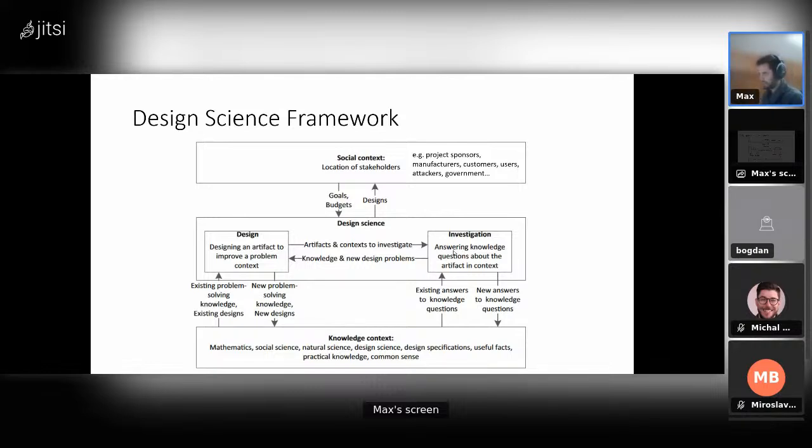And from this, we can either solve our design problem or answer our question. The knowledge that we already have is called prior knowledge, and then from the design or the investigation that we do, we will add some knowledge with the research that we did.